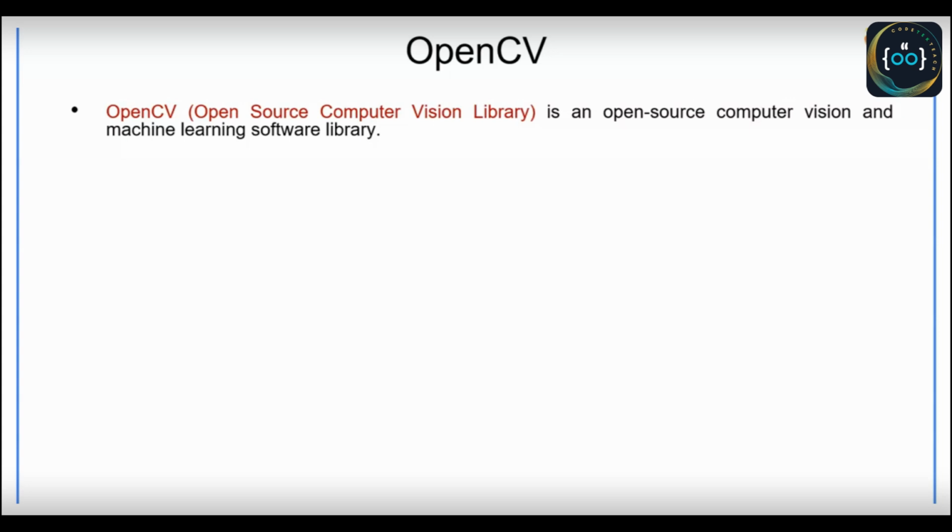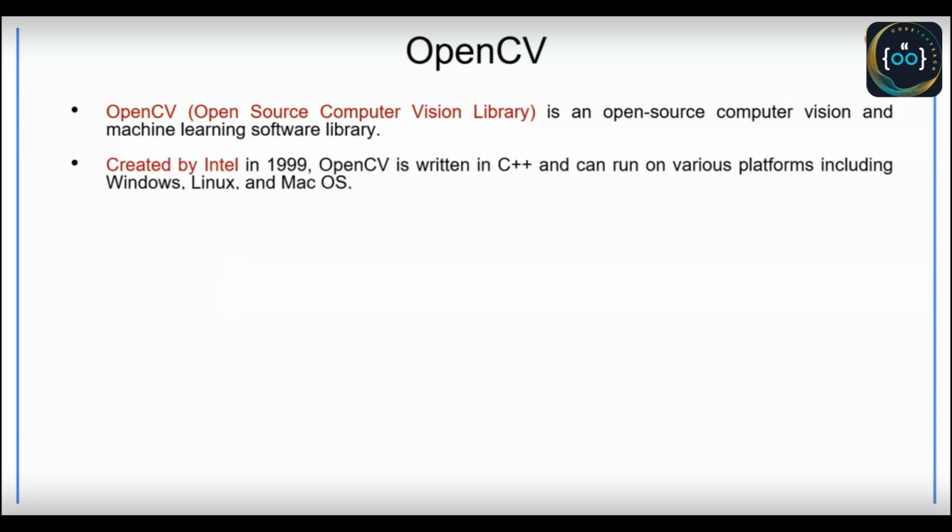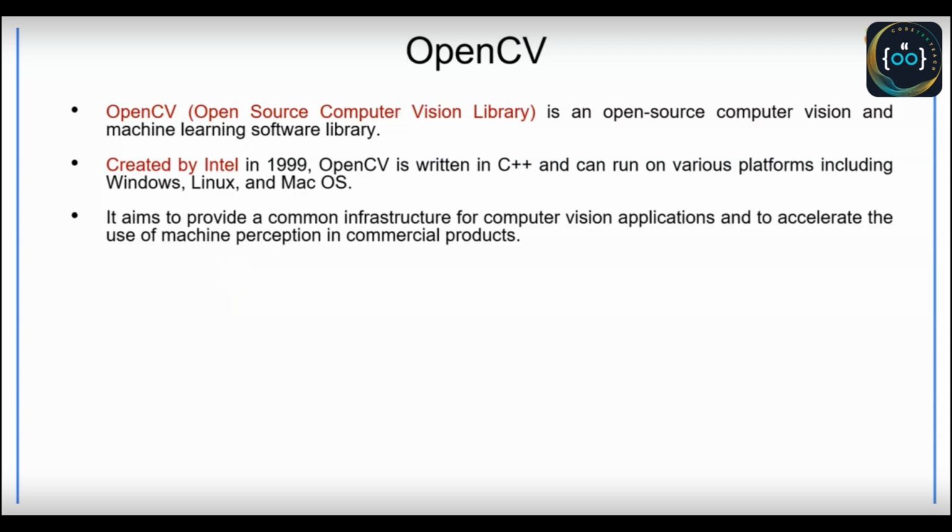It's a huge toolbox that programmers can use to help computers see and understand images and videos just like humans do. It was created by Intel way back in 1999 and was written in the C++ programming language. The main aim of OpenCV is to make it easier for people to create applications that involve computer vision, that is, programs that can understand and analyze images and videos.